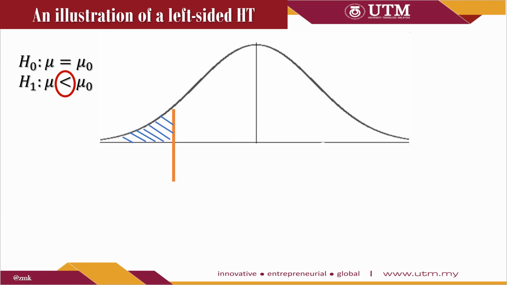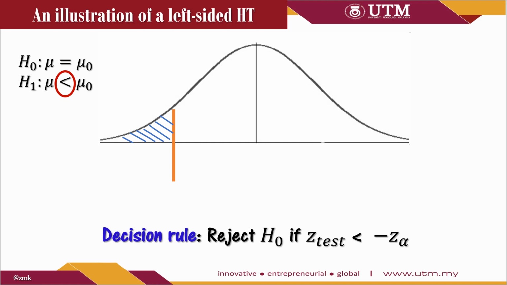In this left-sided test, we should also have only one critical region and one critical value on the left of the underlying sampling distribution at alpha level of significance. Therefore, a possible decision rule or rejection criterion in this example is then reject H0 if z-test is smaller than the negative z-alpha on the left.